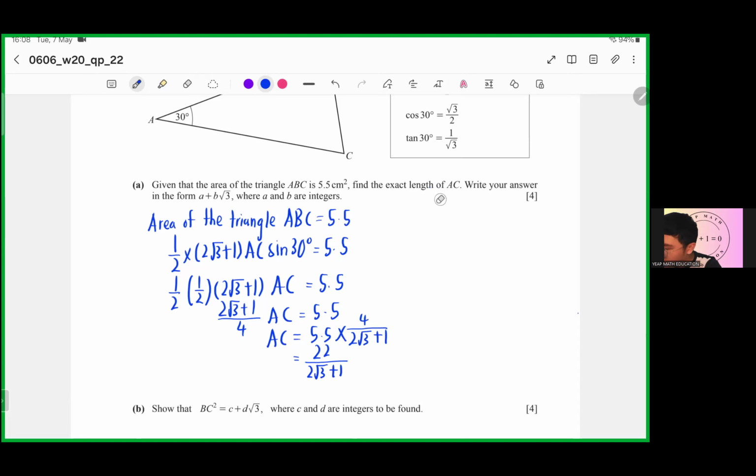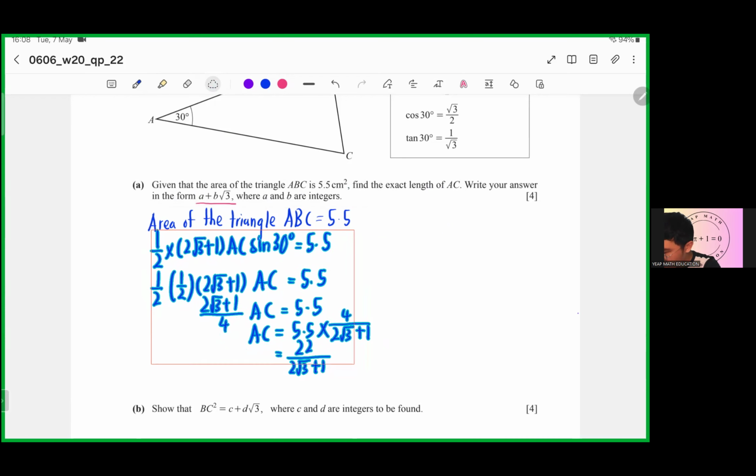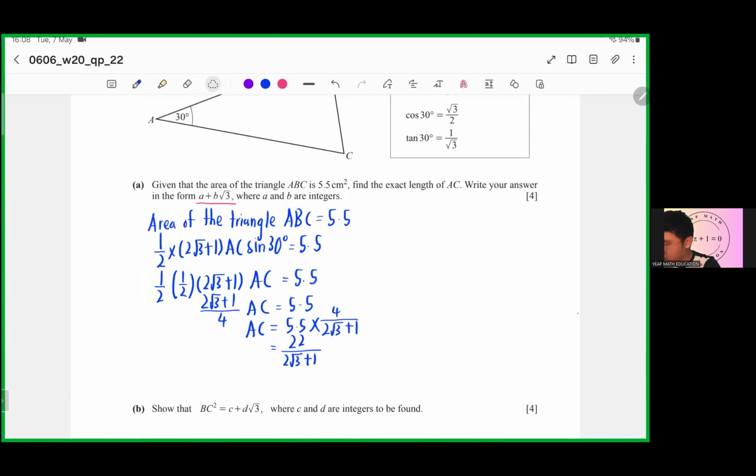We need to write the answer in this form. Now I write here, what we need to do is rationalize the denominator.